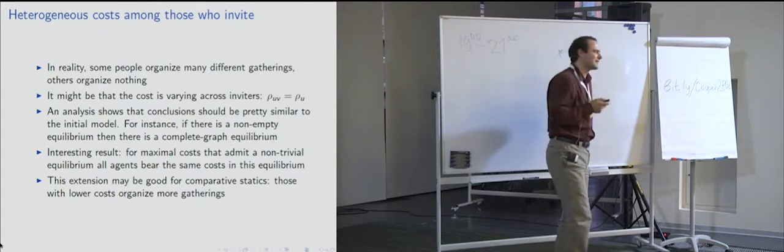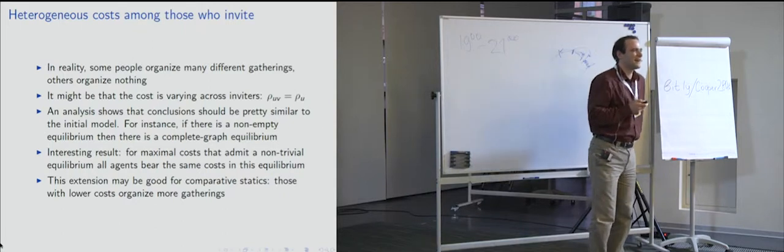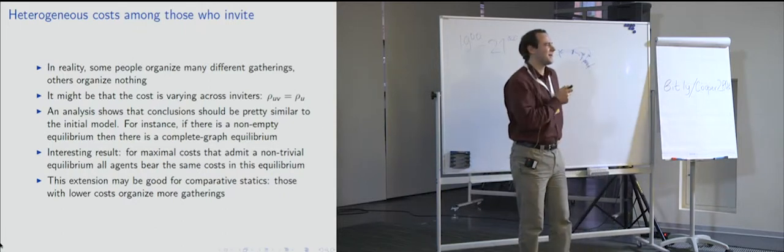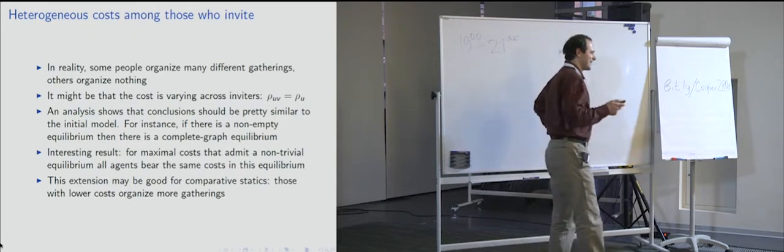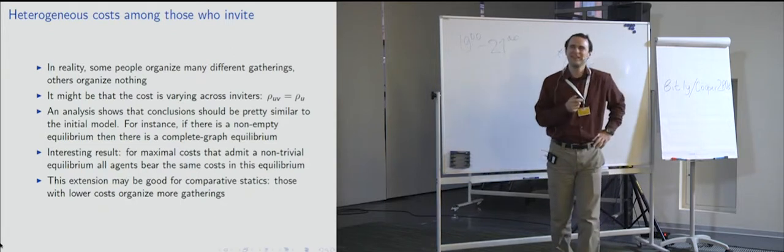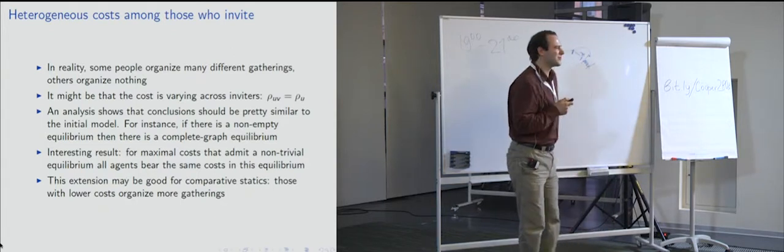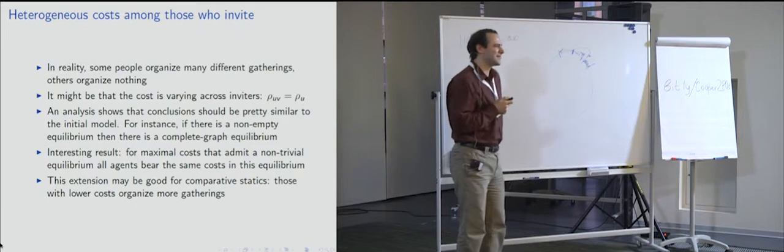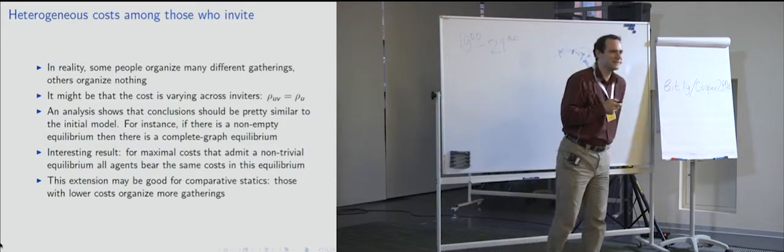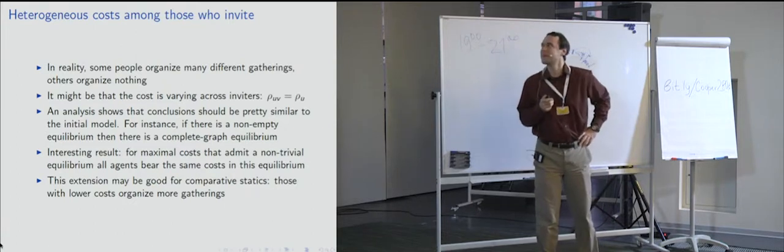So the intuition is that some people make a lot of parties, a lot of gatherings, and others do not organize anything. Maybe those for whom it's simple do it, and those for whom it's difficult do not do it.